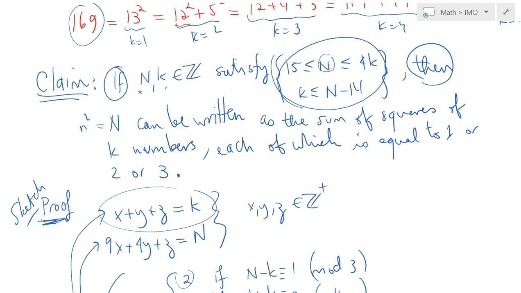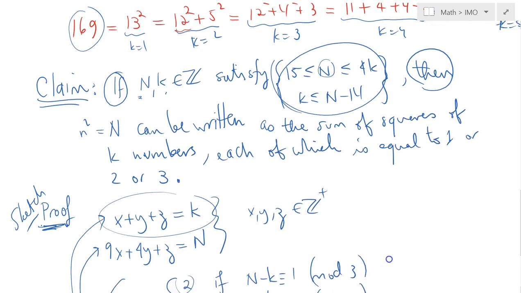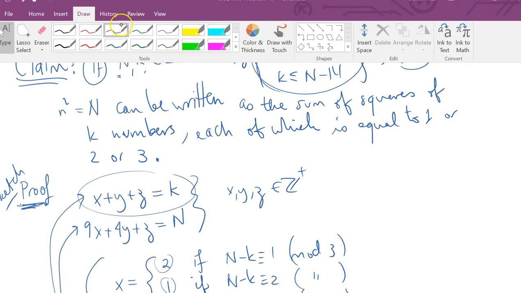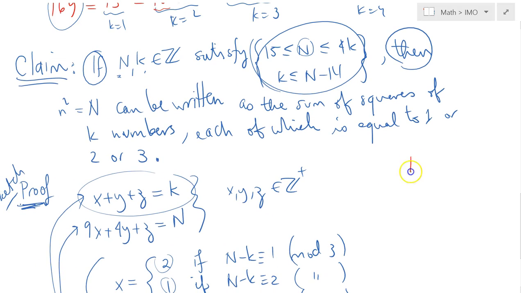solution, right? Okay, so let's go back to using this in the case of 169. So in our case, n is equal to 169. So it's between 15 and, obviously, 4 times what's that? 172 is divisible by 4, so 86, 43.